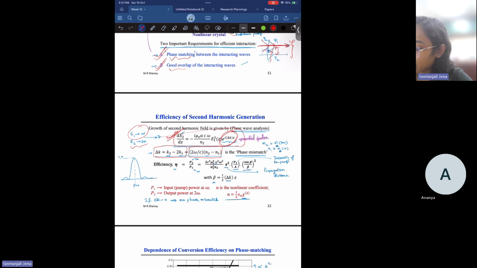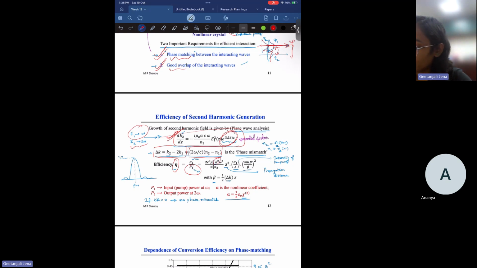To quantify it, there is a conversion efficiency, eta, which is given by the power you got in the output at frequency 2 omega, divided by the power of the input pump at omega. If you put in all the expressions, we'll see there are four dependences.